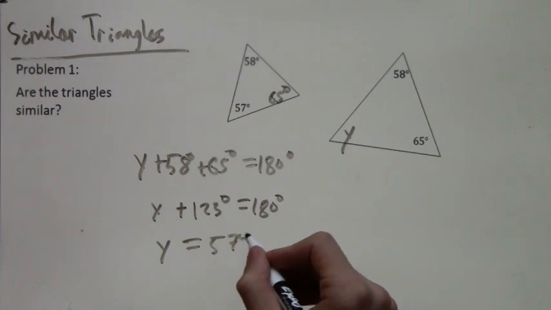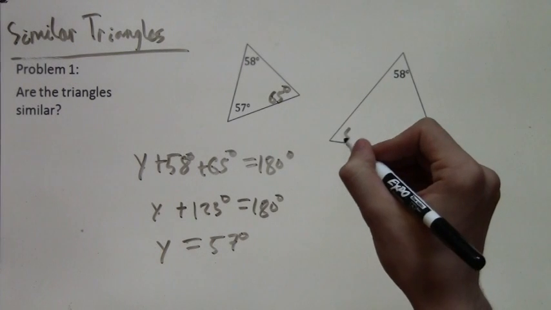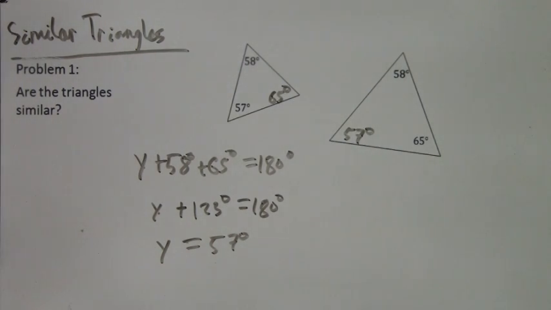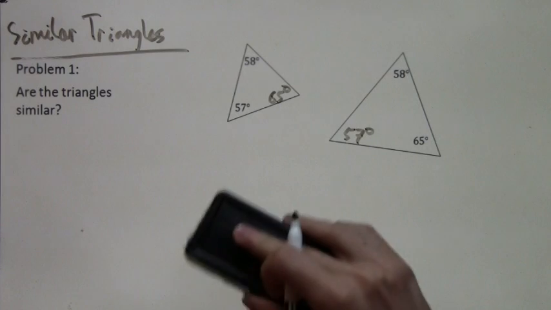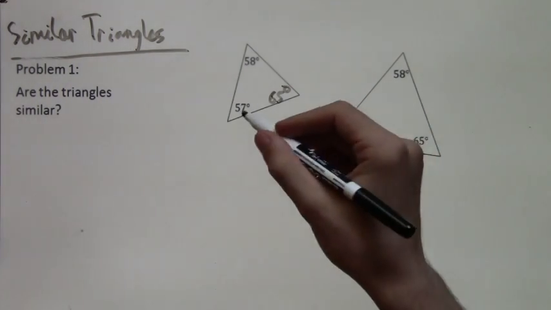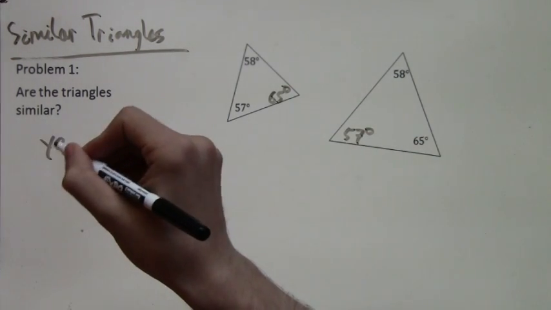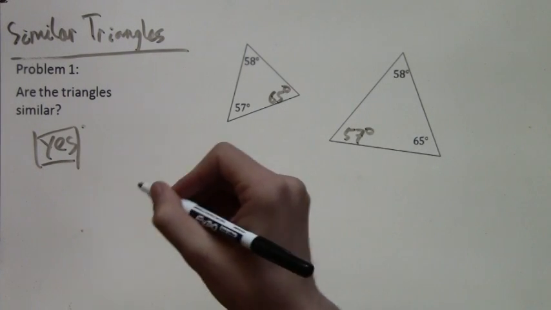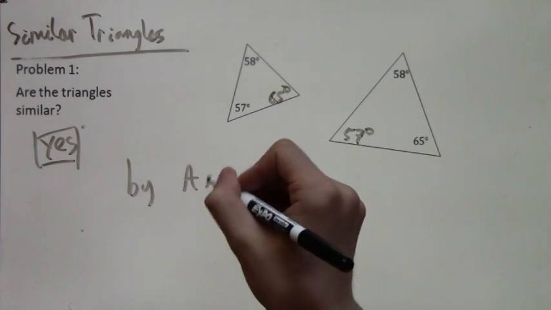I solve for Y, and I get 57 degrees. And hey, look, we have 58 and 58, 65 and 65, and 57 and 57. So all the angles do match up. Yes, the triangles are similar by AAA, or angle, angle, angle.